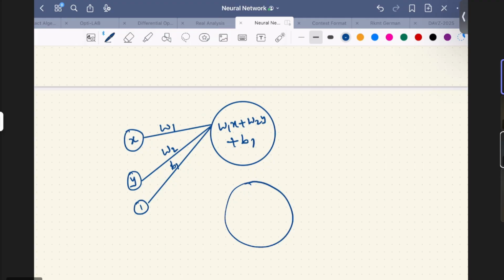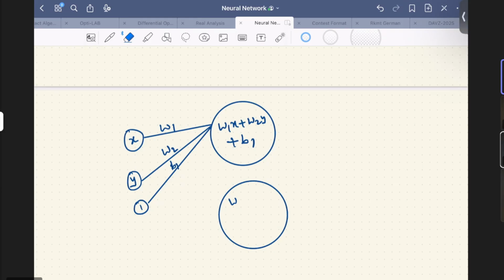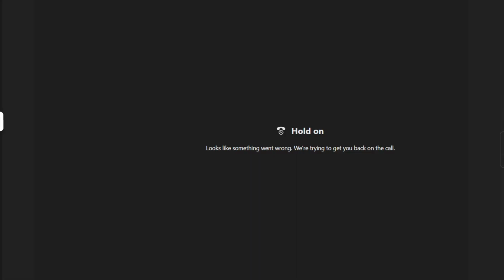Now we have another line representation, that is W3x plus W4y plus B2. This one is W4, this one is B2.